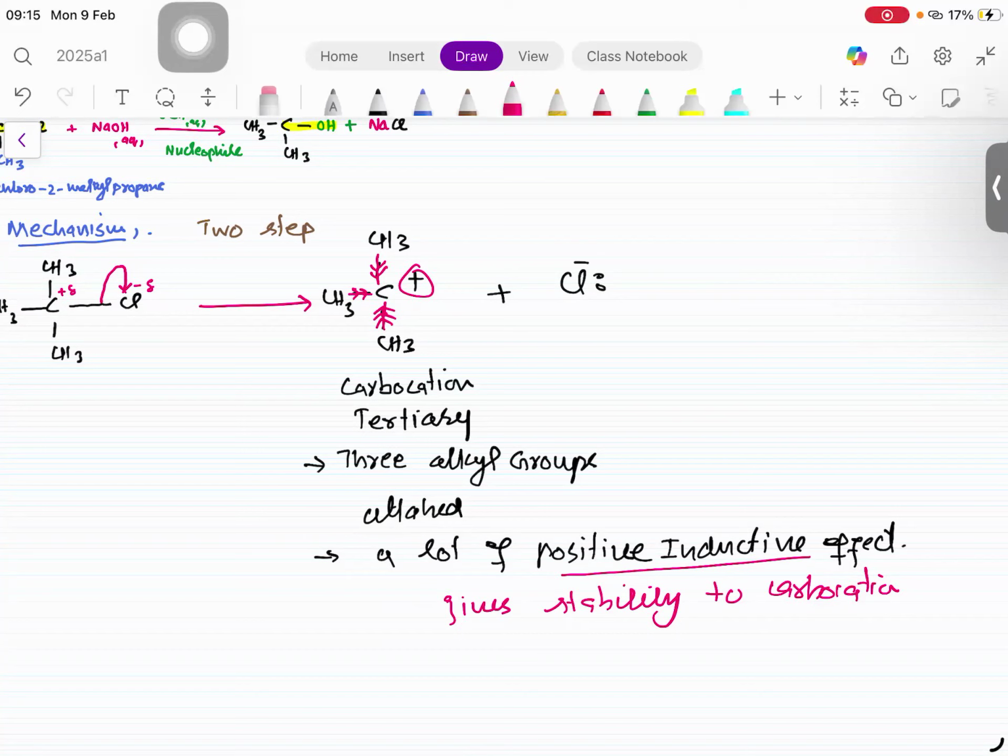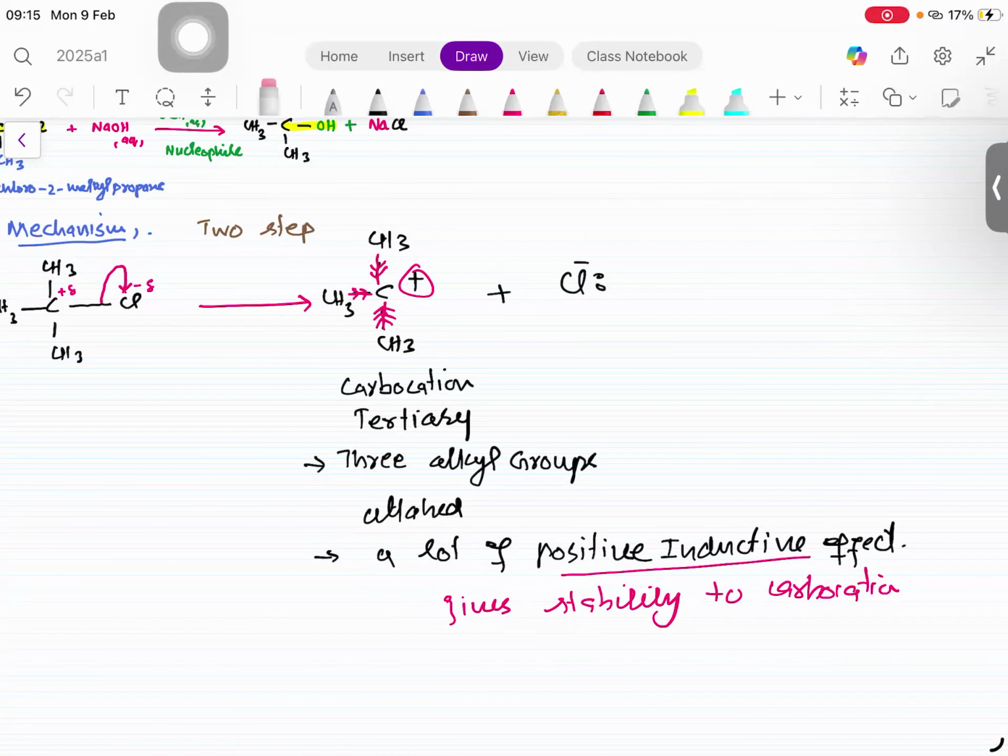You are not supposed to draw this. I'm just explaining that all alkyl groups pass their electrons towards the carbocation, so its positive charge is reduced or dispersed, hence giving stability. This is for explanation only.